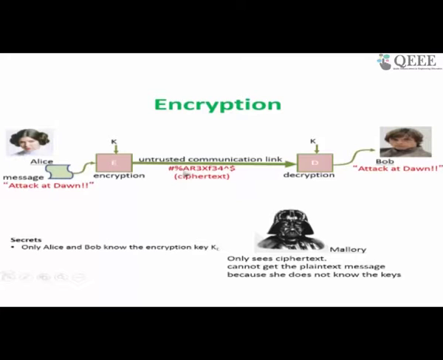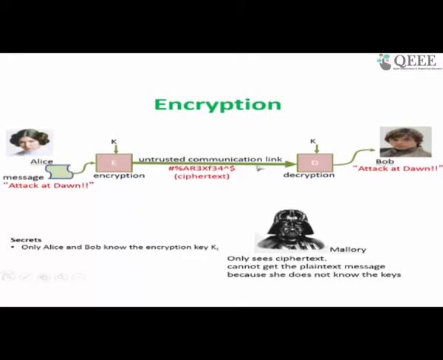So if you look at the ciphertext over here, it seems to have no relationship with the original message that Alice had sent. As a result, if Mallory snoops on this communication link, Mallory will only be able to get this ciphertext and would not be able to decipher or find out what the original message was.